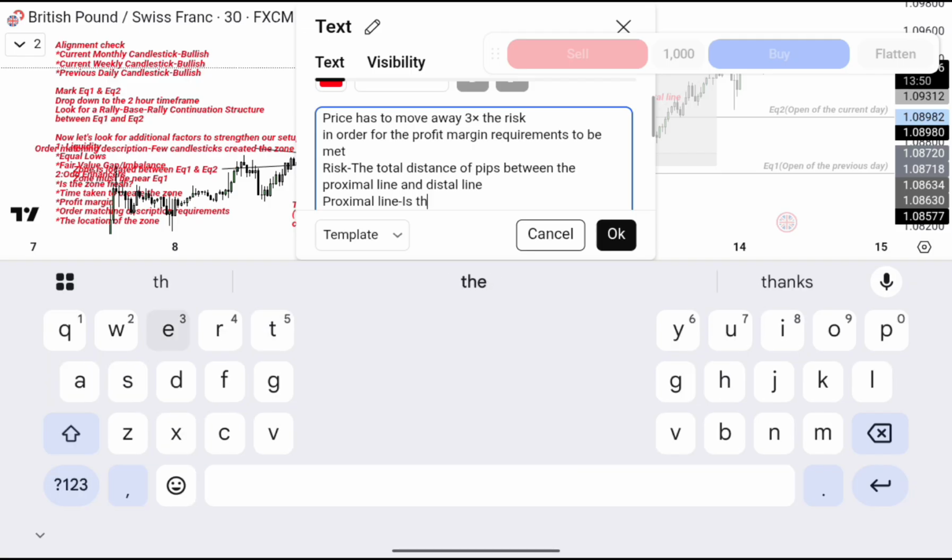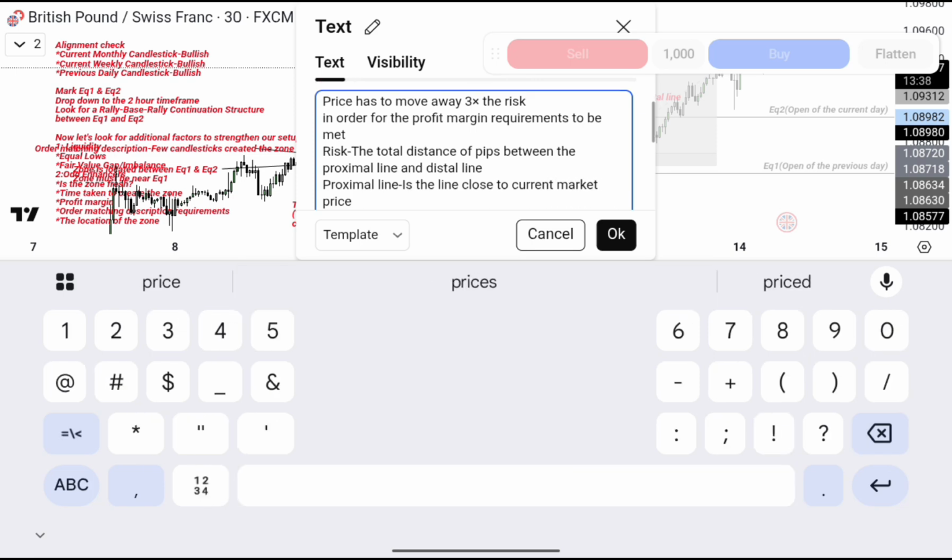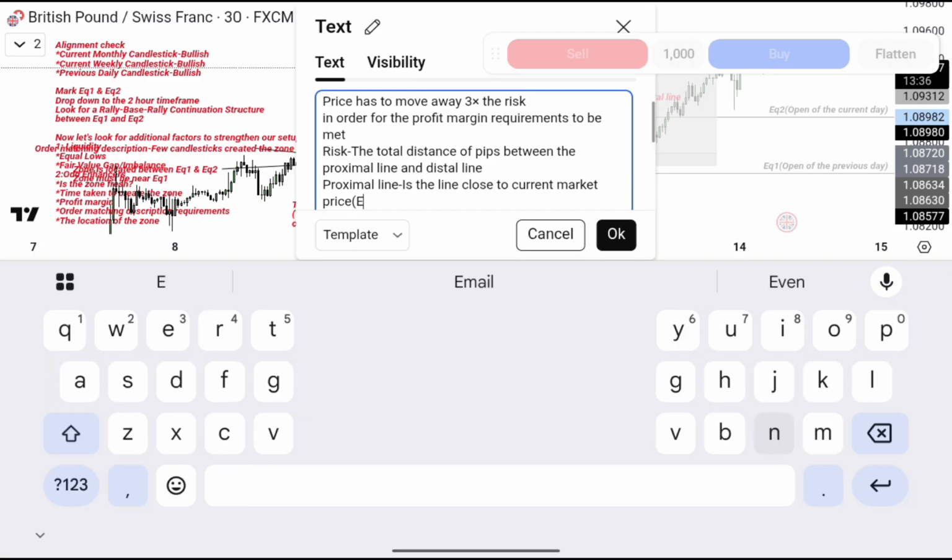So if price does create a fresh zone but it does not move away 3 times, then it's not a strong zone.